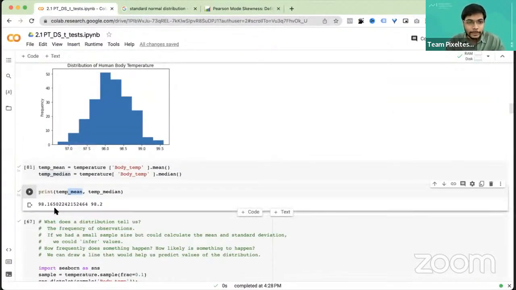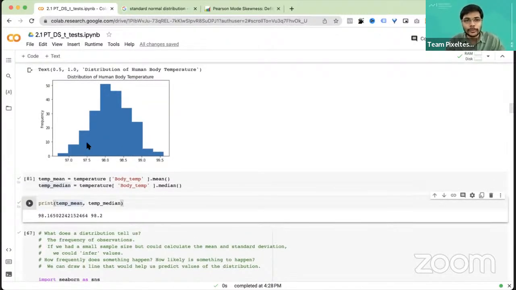Something similar is happening here. The mean is lesser than the median. Maybe visually it is not very apparent, but you can see that it is a little flatter towards the left, and if you plot it, it would come this way. It's not normal like this.